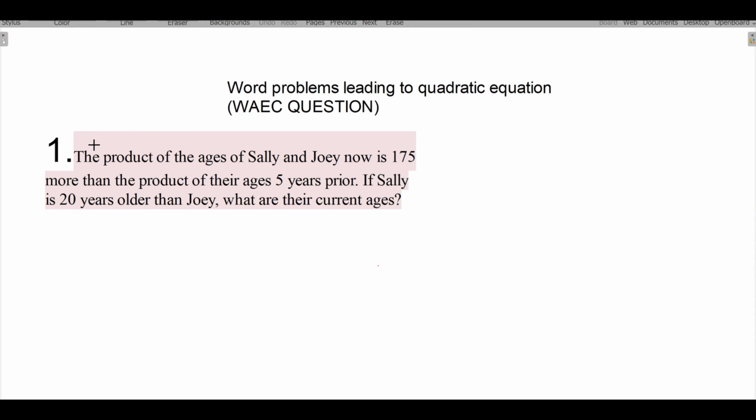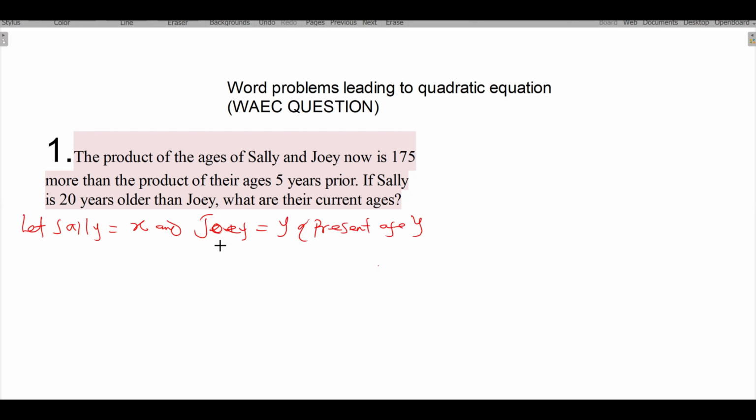The first one we need to take here is let's try and give a variable to their names. Let Sally equal X and Joel equal Y. Now, be careful, that's their present age. Sally equals X, that's the present age of Sally, and Joel equals Y, that's the present age of Joel.